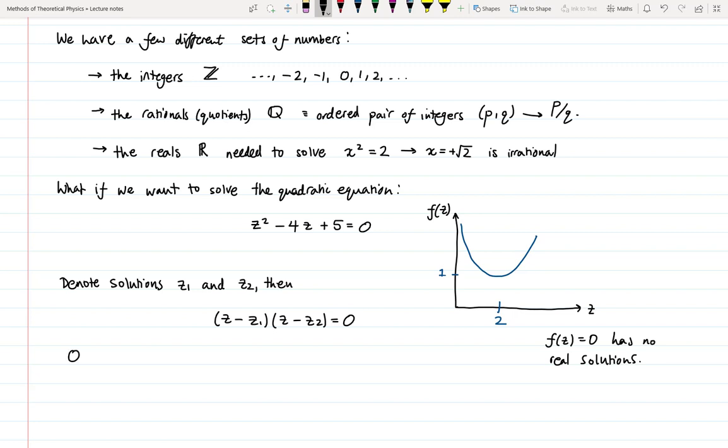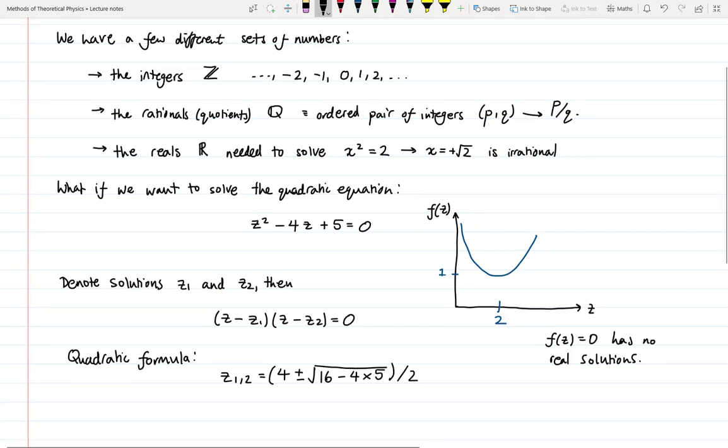So the quadratic formula, which we know from GCSE, gives us that the solutions to this equation are, looking back at the equation above, minus b, which is 4, plus or minus the square root of b squared minus 4 times a, which is 1, times c, which is 5, and then this is all divided by 2a, which in this case is 2.